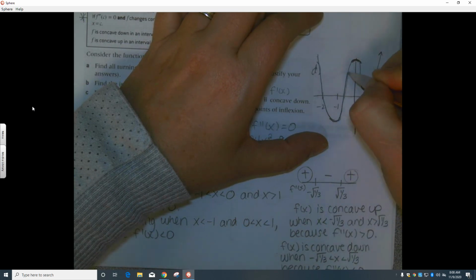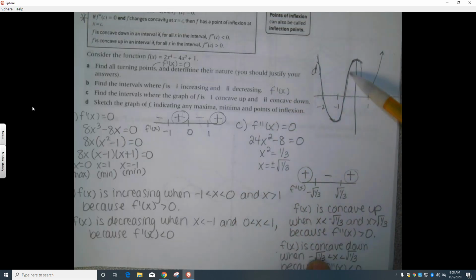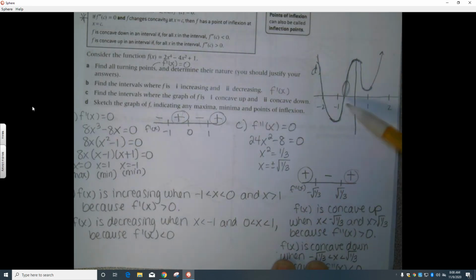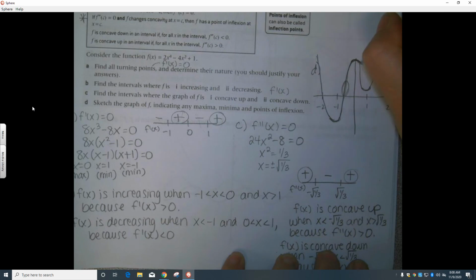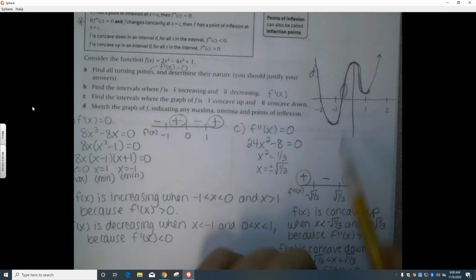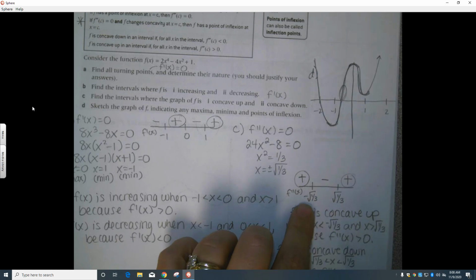And I can see, at some point in here, it's really undiscernible with the eye, but in this area somewhere, it switches. So now it went from being a happy function to being a sad function. So yes, that would be at negative square root of 1/3.